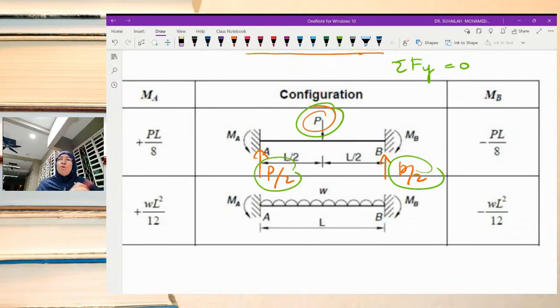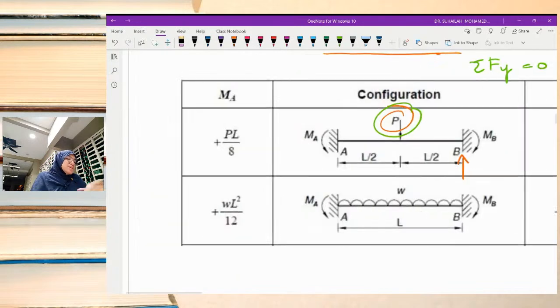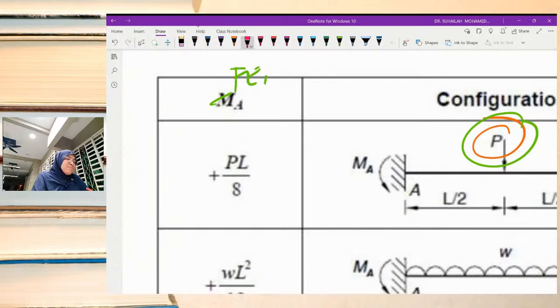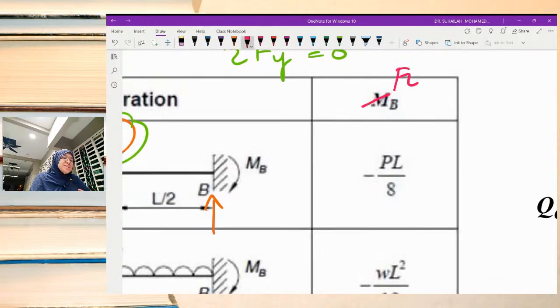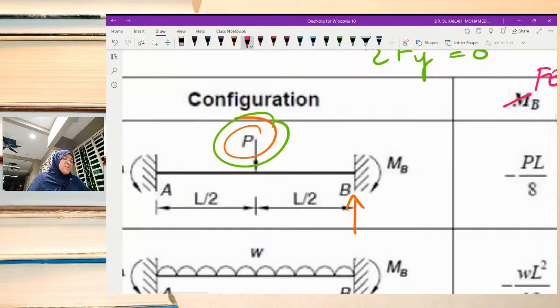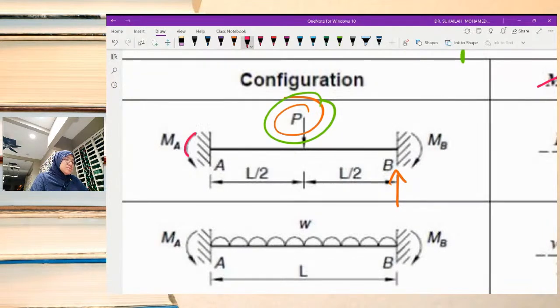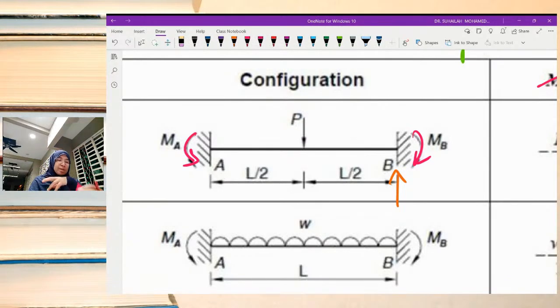The same goes for the moment. Fixed end has a moment value, and due to P that is applied at the center, we will have a fixed end moment at A, and this is the fixed end moment at B. Remember that the system must be in equilibrium.